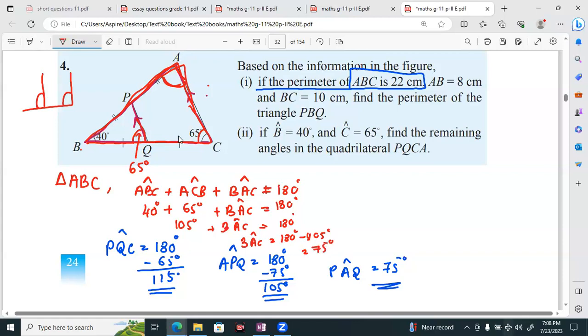Here it should be PAC, not PAQ. We have found the PAC angle like this. It equals 75 degrees.